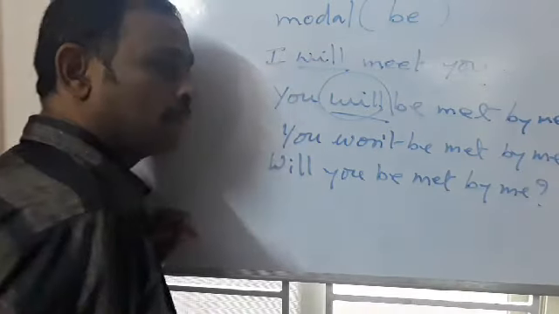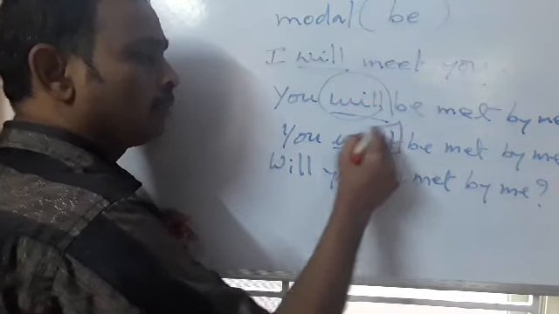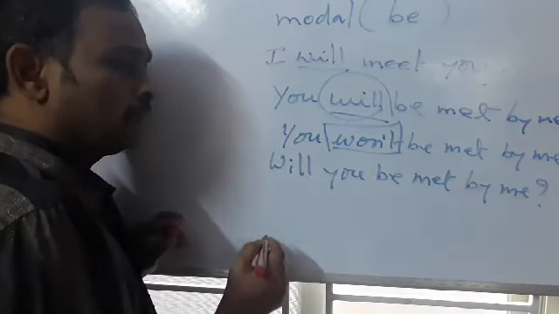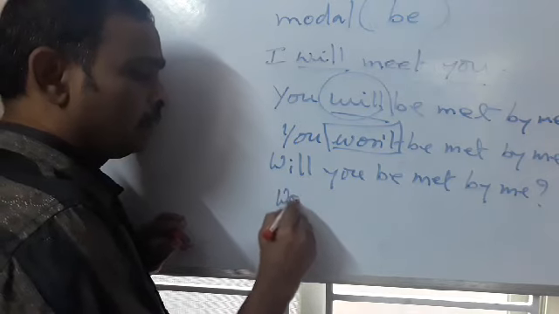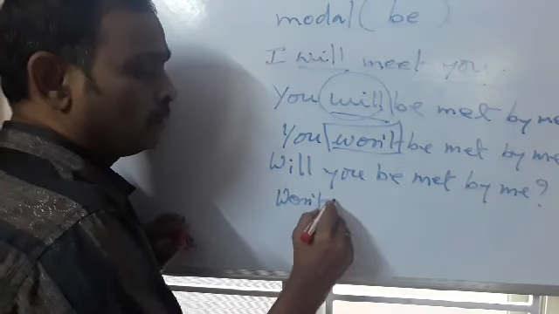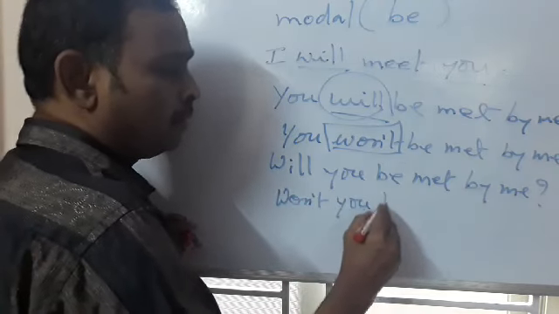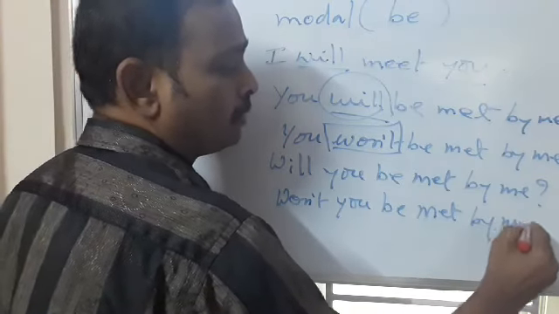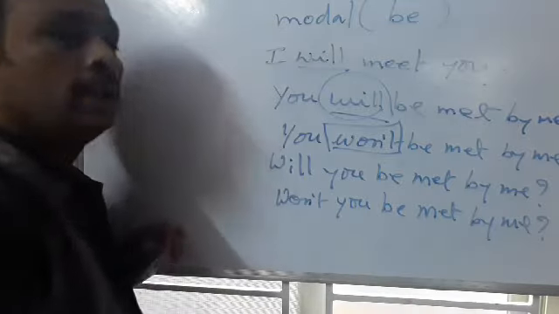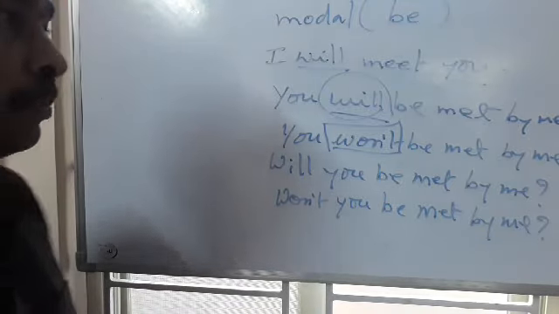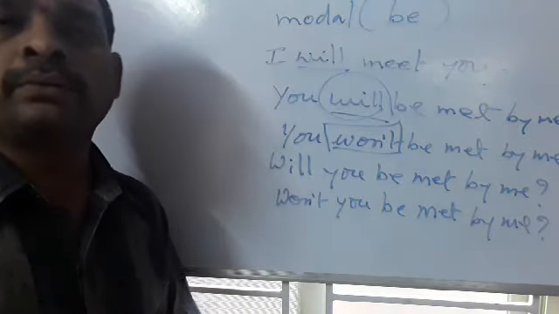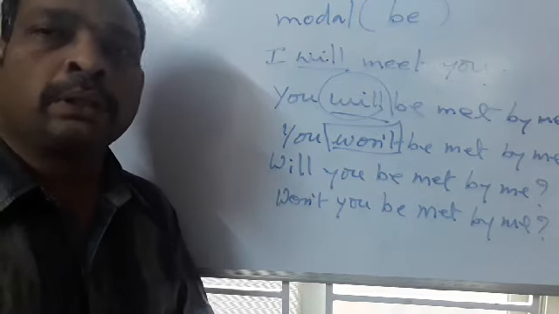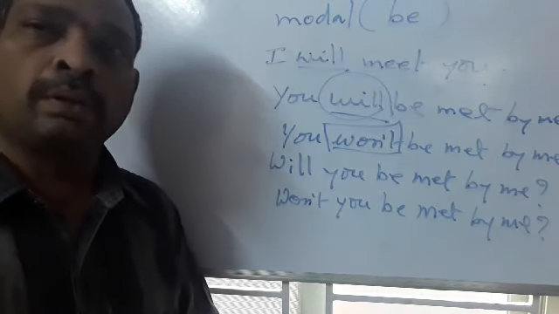Question mark. If you want to write a negative, bring the negative expression. Say, won't you be met by me? Question mark. So like this, you also practice taking verb 1, verb 2, verb 3, verb 4 and modal auxiliary.